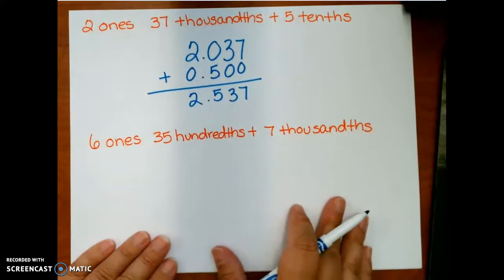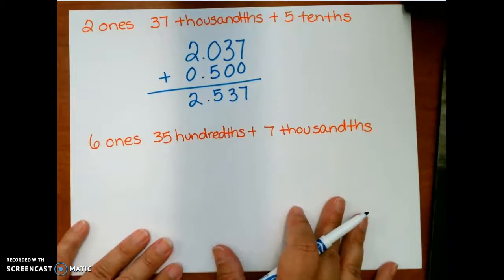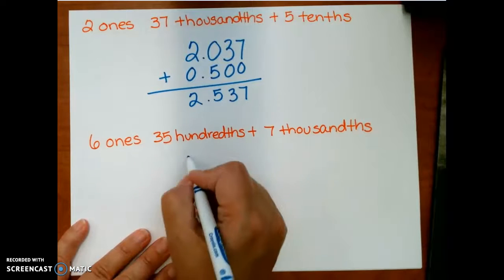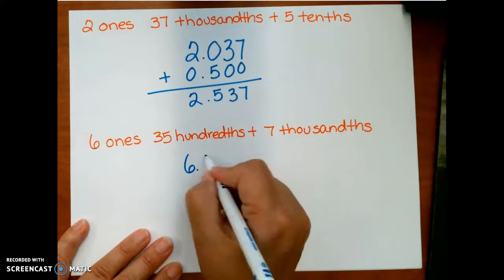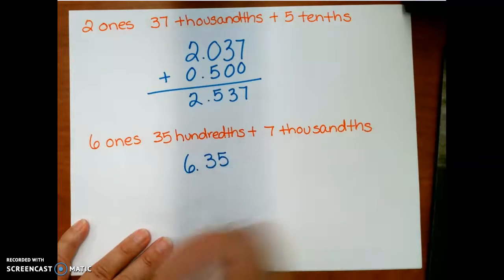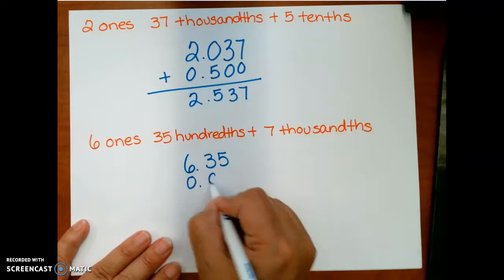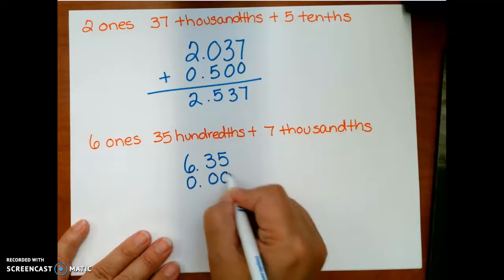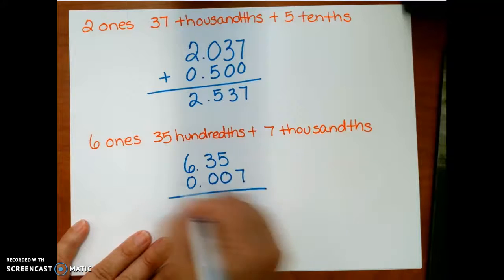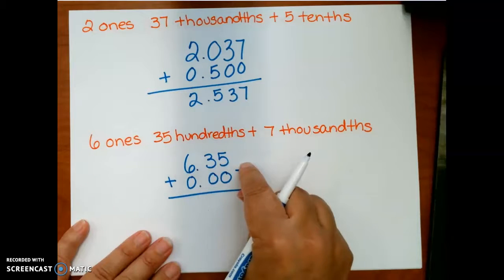Now, 6 ones, 35 hundredths, plus 7 thousandths. So I have no ones, no tenths, no hundredths. I have 7 thousandths. But I don't have anything here.